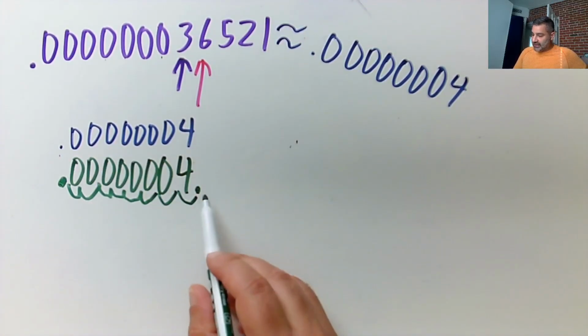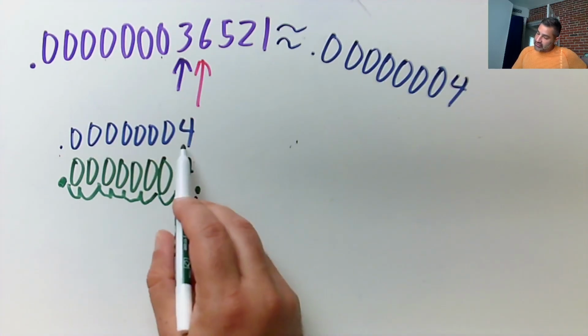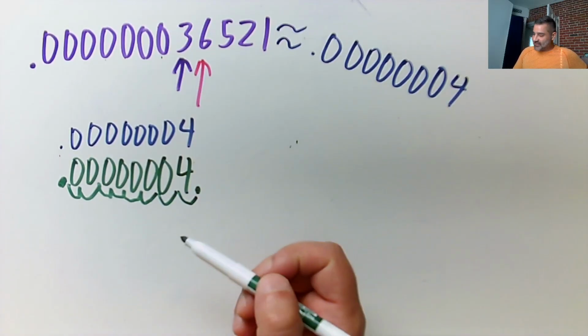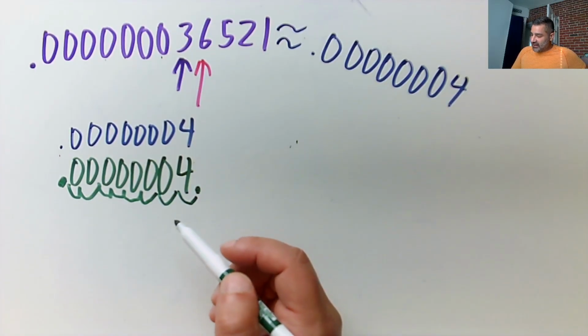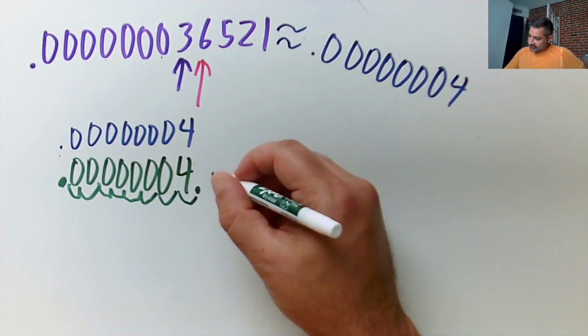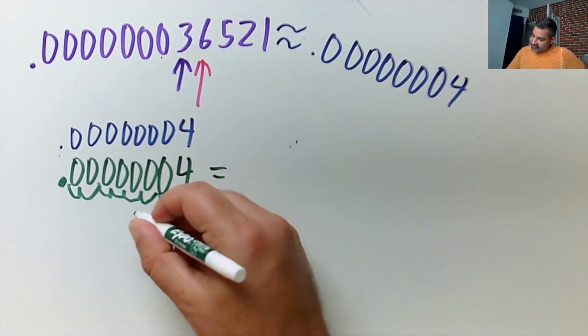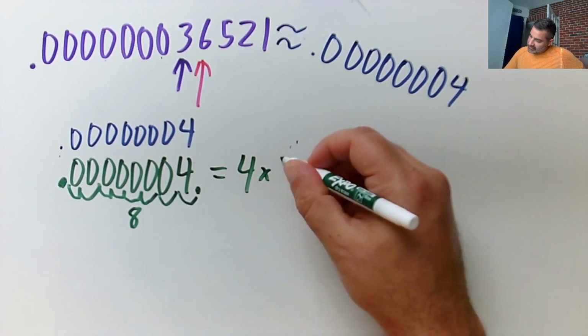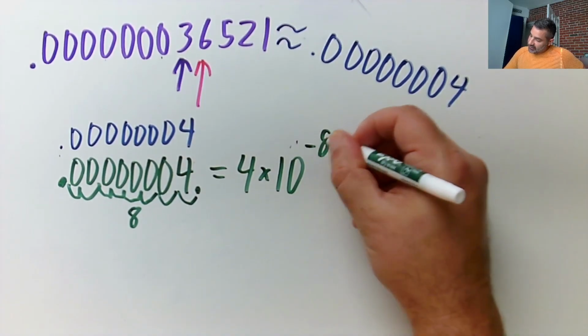So we move it 8 spots, because to turn 4 into 0.00000004, we have to move it 8 spots over. In scientific notation, since this is 8 spots, we write 4 times 10 to the negative 8.